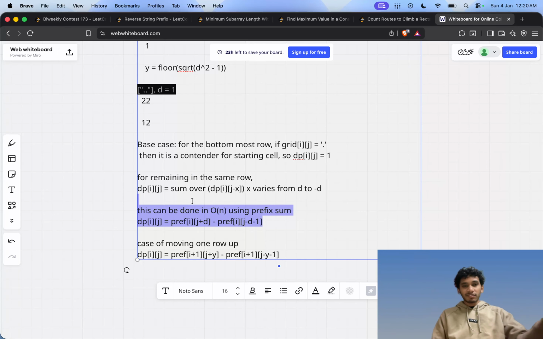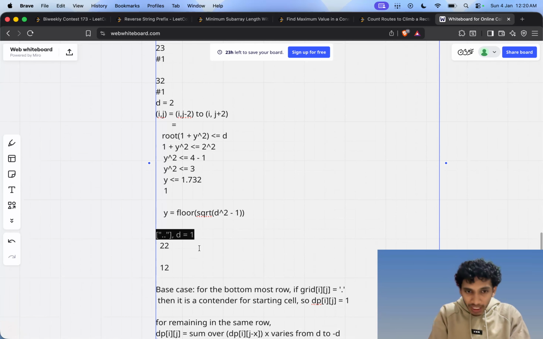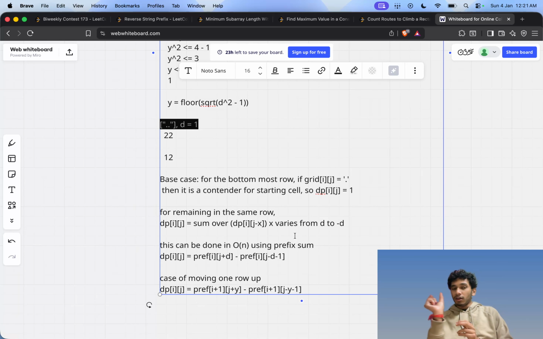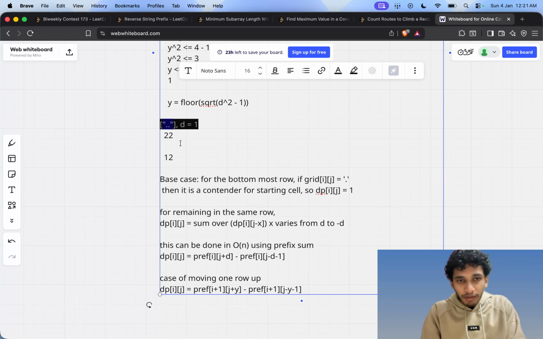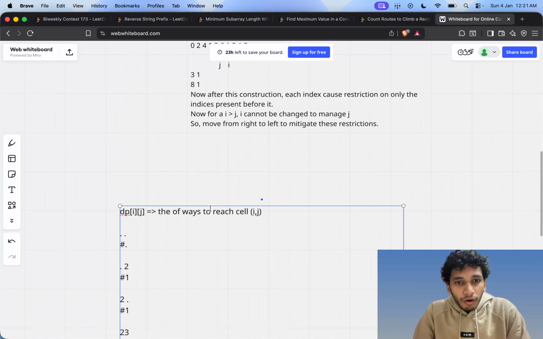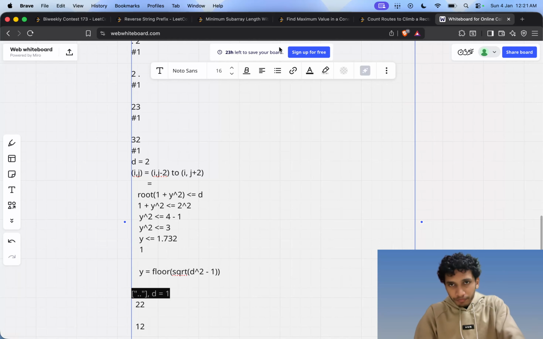Now for each cell, we have the number of ways to reach that particular cell. Keep in mind that these dps are applied only to those cells that have a dot, that is, cells that are available. If those cells are blocked, no operation will be applied, so dp of i j will be 0 in that scenario. Now this is it. For the topmost row, calculate the sum of dp values in that row, and that will be our answer.